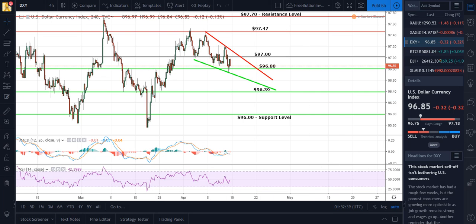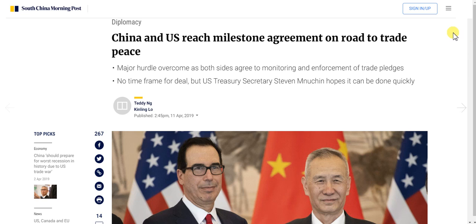Excuse the pop-ups. I did want to show you one thing here. China and the U.S. reached a milestone agreement on the road to a trade pact. It came out of the South China Morning Post this afternoon.